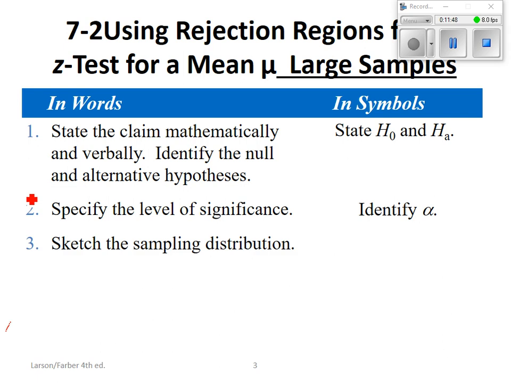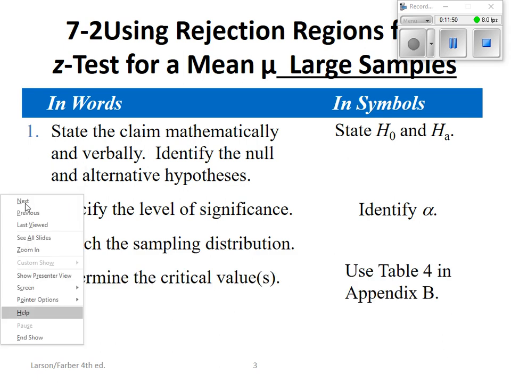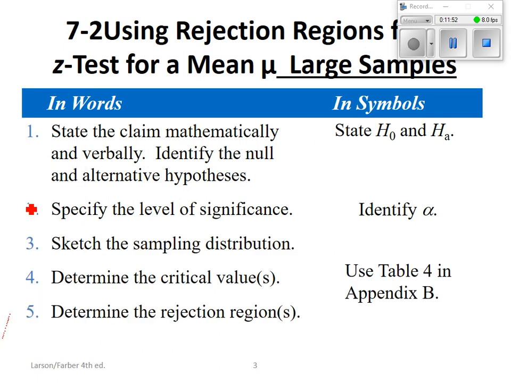So section 7.2, first 5 steps. Number 1, state the HO, HA. Number 2, figure out your alpha. Number 3, use the table, and you might write next to this one, if you're writing this down, the little chart.